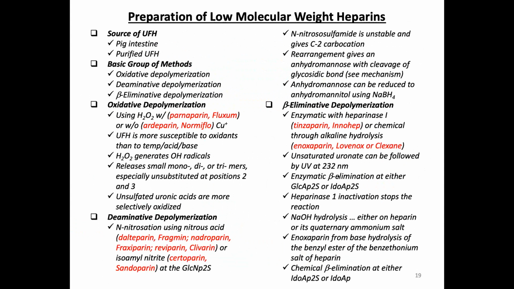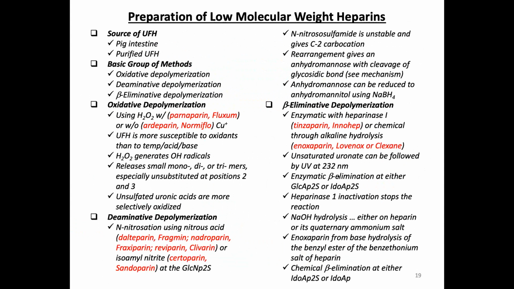Or it could be isoamyl nitrite, which is another version of nitrous acid, essentially a similar thing. Basically, what this does is nitrous acid removes an amine from glucosamine and it cleaves the interglycosidic bond.